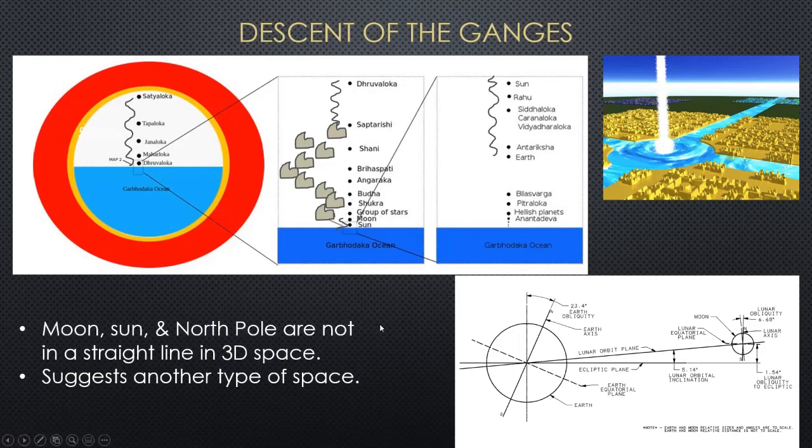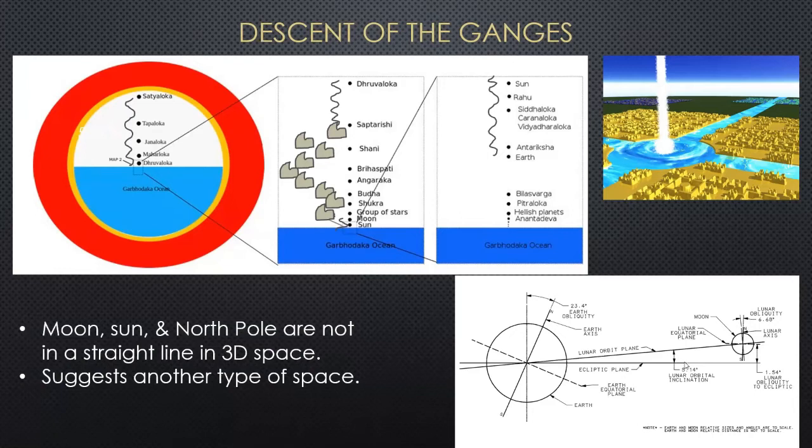So if you notice, though, the sun, the moon, and the North Pole are not in a straight line in 3D space. In 3D space, the North Star and Mount Meru are pointing here, at 90 degrees from the equatorial plane.